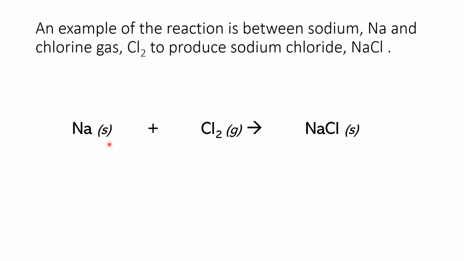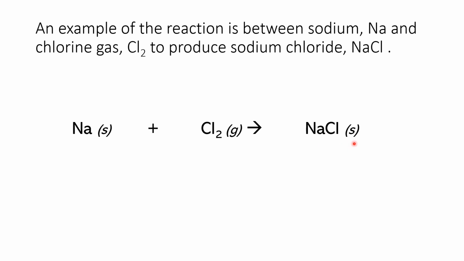So if you still remember, kita ada kat sini, nampak ni saya bracketkan S, G, S. Kalau ingat balik apa yang dimaksudkan dengan bracket kat tepi-tepi ni. It indicates the state of matter of the compound or element. So S here means solid lah. So maksud sodium in a solid state, chlorine in a gas state, and sodium chloride produk yang terhasil dalam solid state.